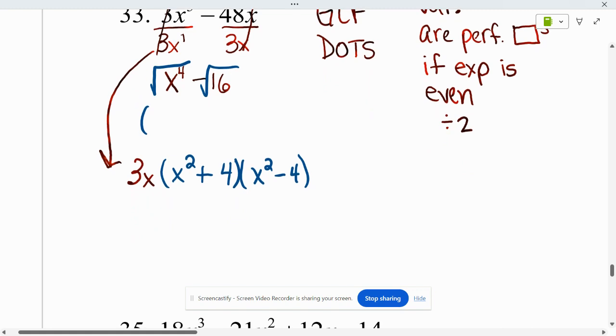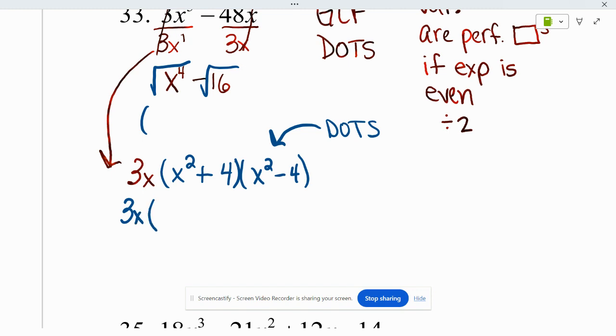Why is this tricky? You can find the square root again of what factor? The very last one, because it's joined by a minus. Okay, so you can do dots again right here.